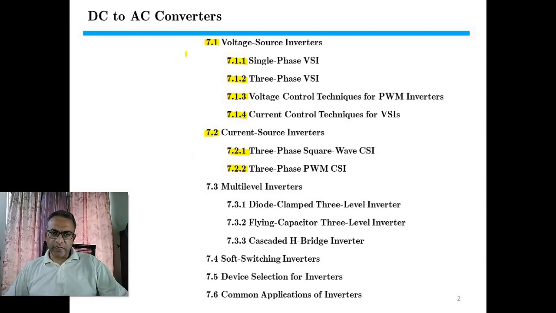So hopefully article 7.1 and 7.2 we will cover in part number 1. Then in part number 2 I want to teach article 7.3 multi-level inverters.